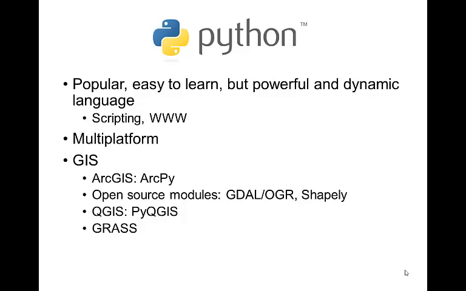That's for reading, and particularly reading and writing, vector and raster data sets, but it also does vector processing and raster processing analysis. Shapely is a slightly higher level library, particularly for vector processing. QGIS has a library called PyQGIS for scripting in QGIS. Same with GRASS. So there are lots and lots of GIS programs that do Python.